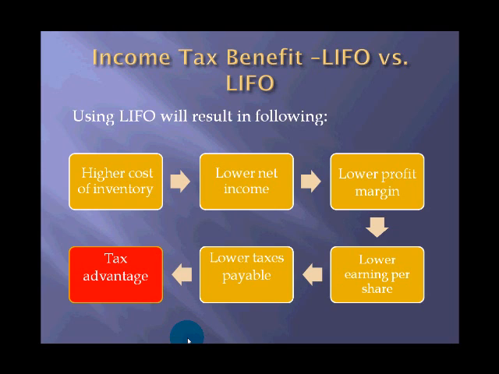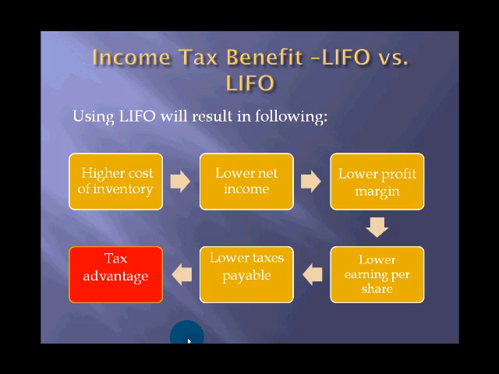On the other hand, using the LIFO inventory method, your ending inventory will be valued at a lower cost. It means the remaining inventory in your warehouse is the inventory that you first purchased. In other words, your ending inventory equals the cost of the beginning inventory.